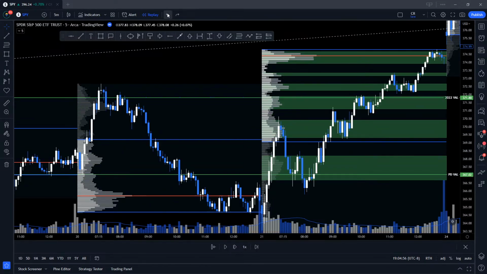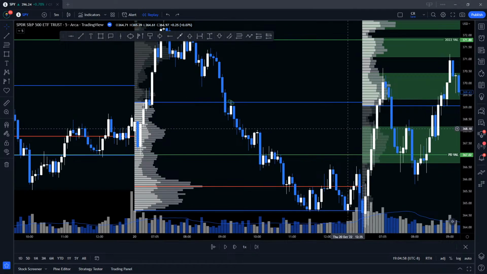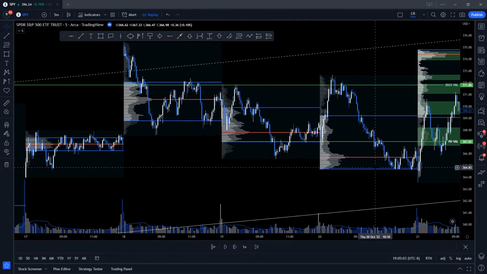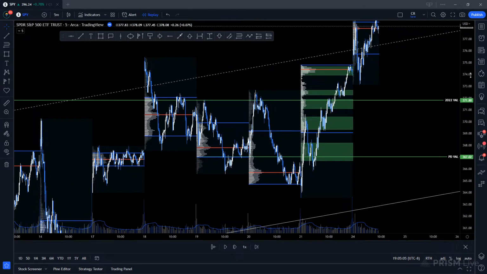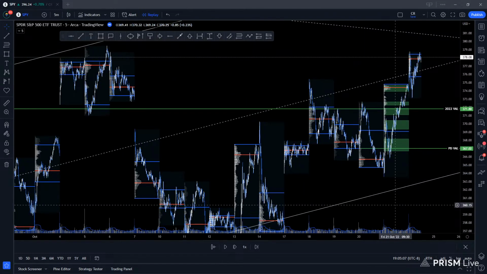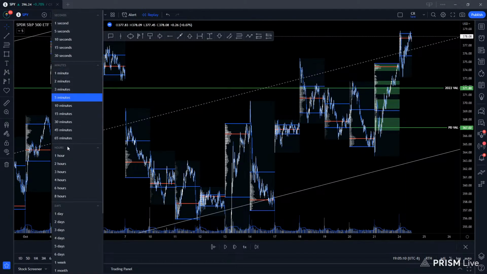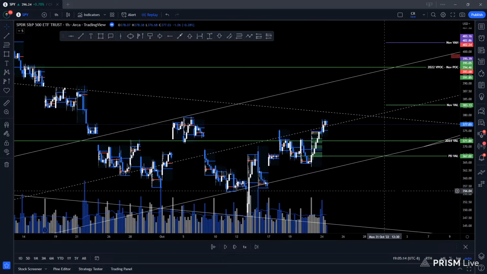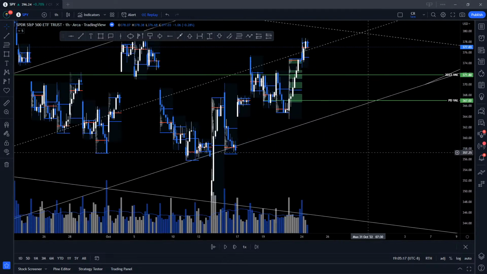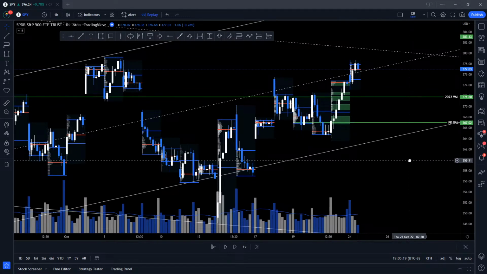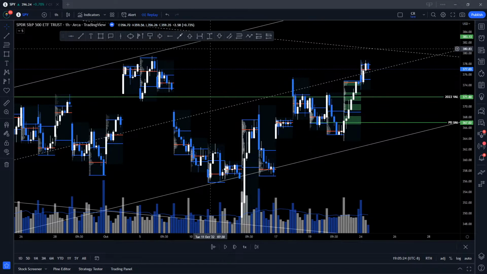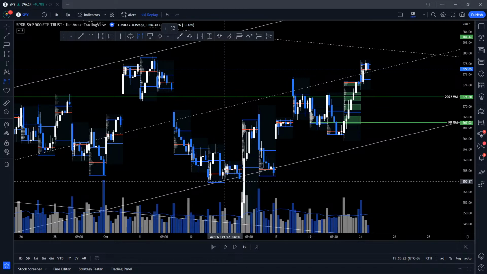Or even better, you use your fixed range volume profile on a larger time frame. So we can grab like the run up.